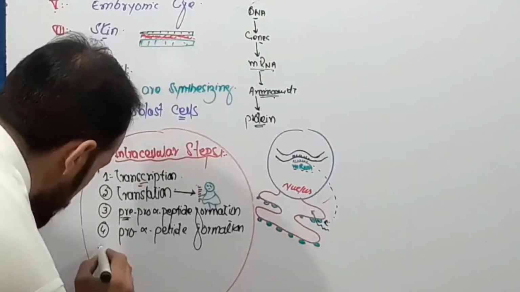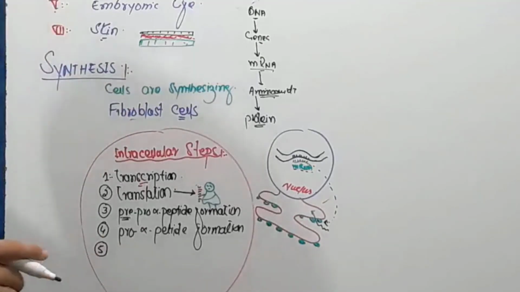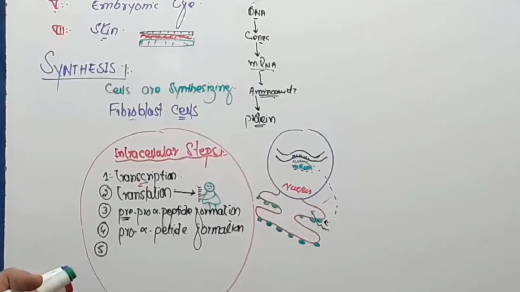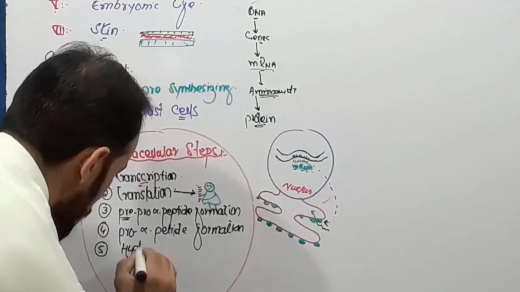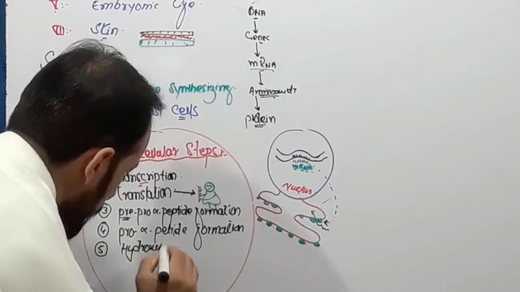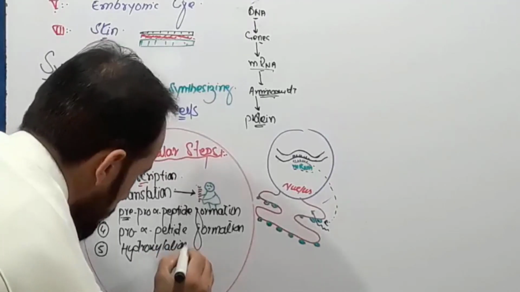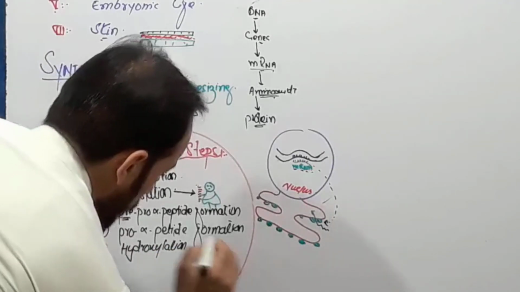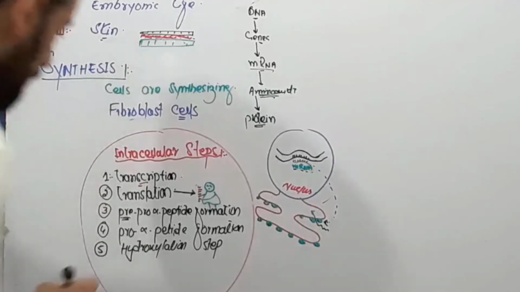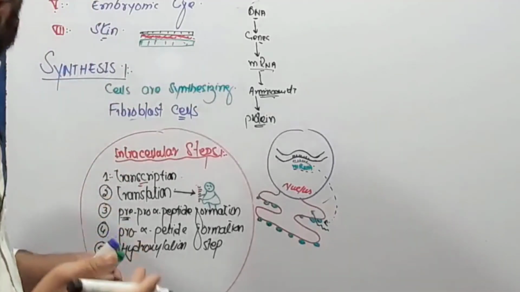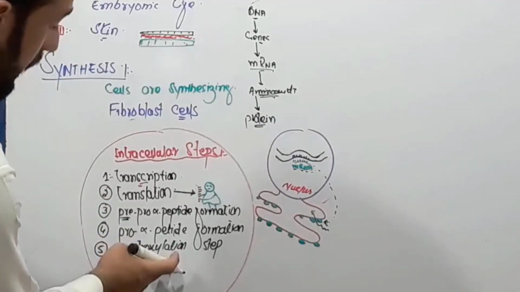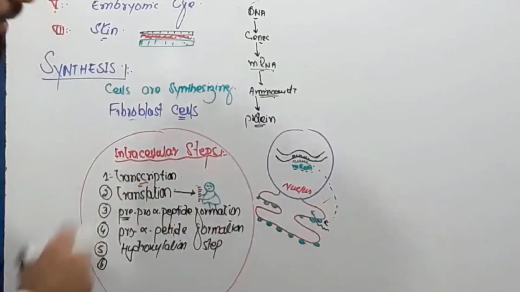Then the fifth step which occurs inside the cell is the hydroxylation of this pro alpha peptide. What is that? Hydroxylation step. This also occurs inside the cell. Then the sixth step which occurs inside the cell is called the glycosylation of the hydroxylated pro alpha peptide.